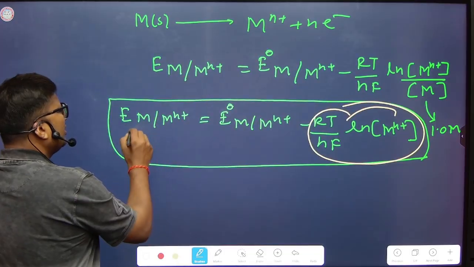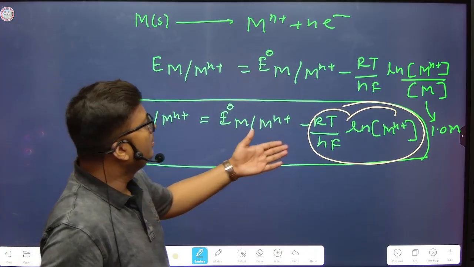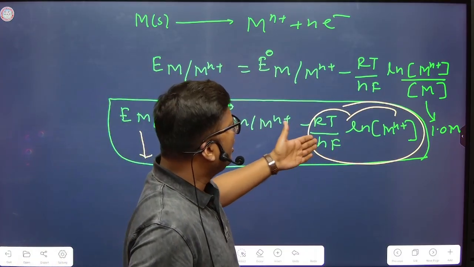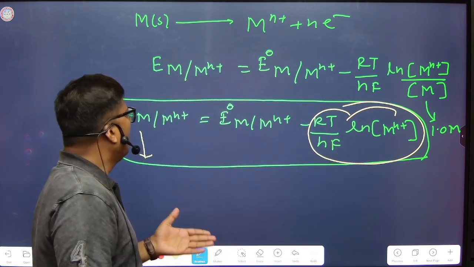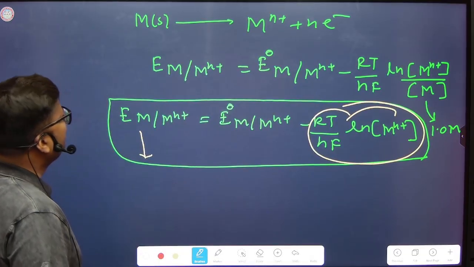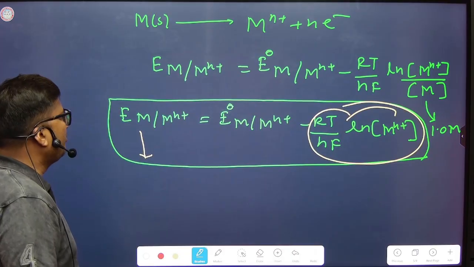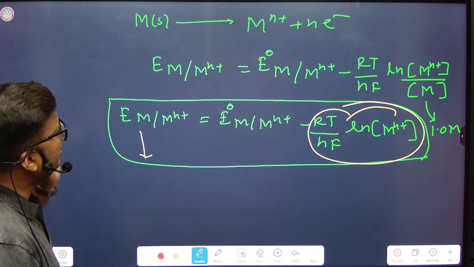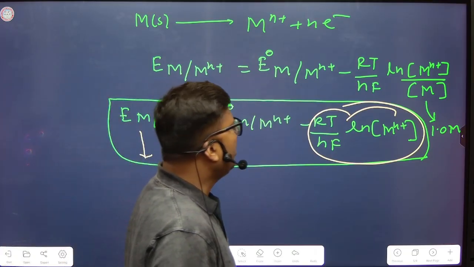So this changes according to the value of this part, right? These are the two Nernst equations for cathodic reduction reactions and for anodic oxidation reactions, right?